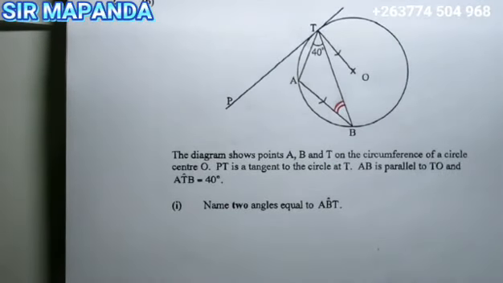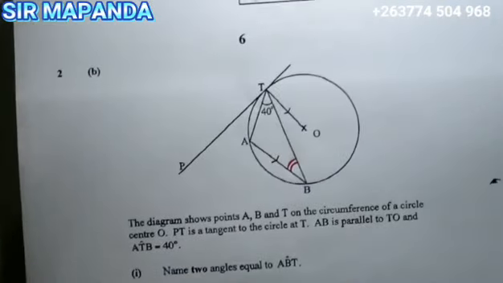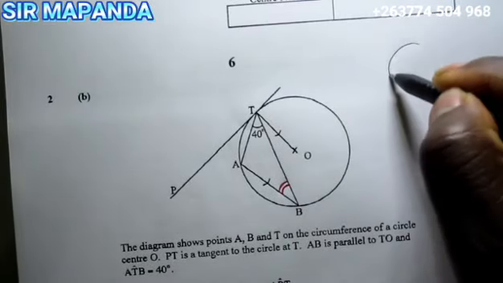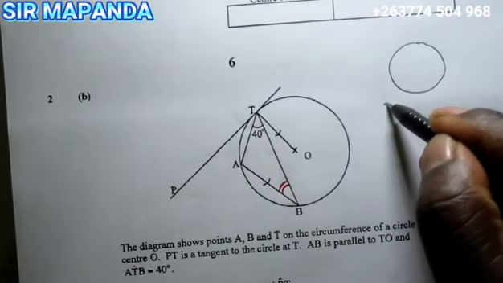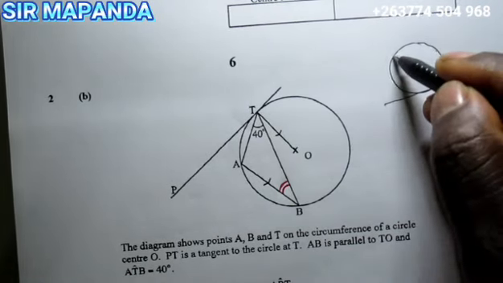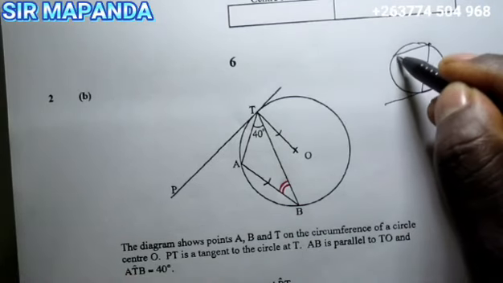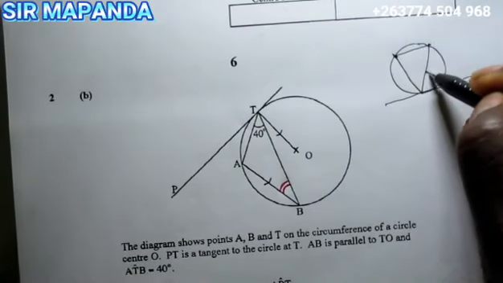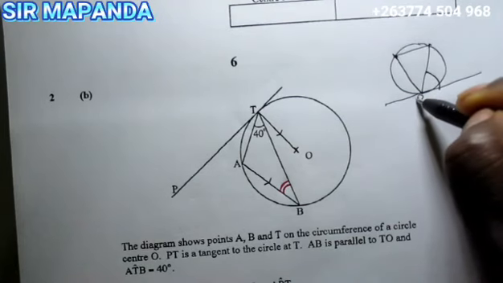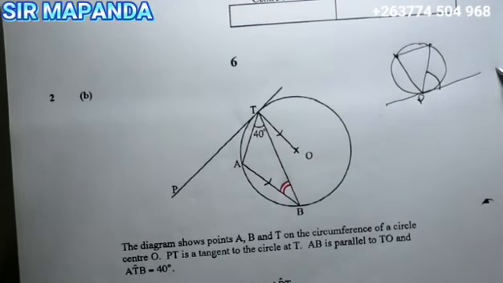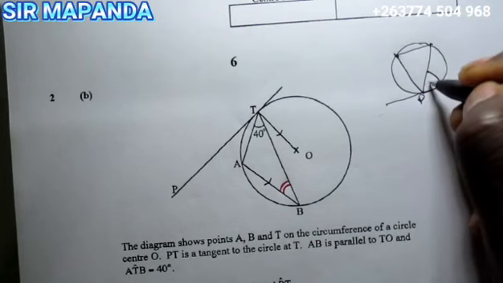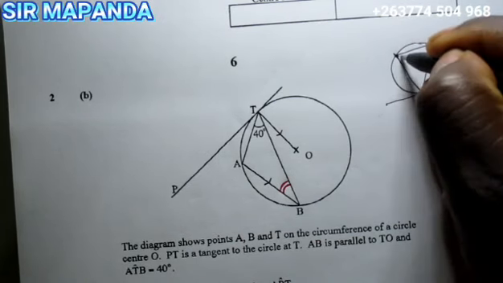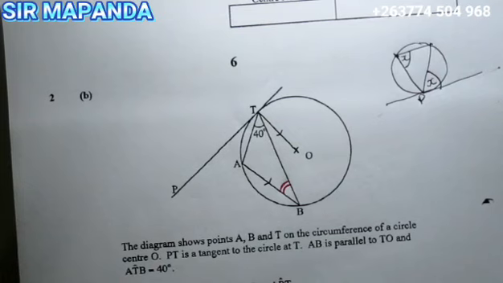Right. I'm going to lead you to a theorem, which is in line with the theorem of tangents. It says that the angle in the alternate segment is equal to the angle at the point of contact between the chord and the tangent. It means that if this angle is x, this angle becomes x as well.